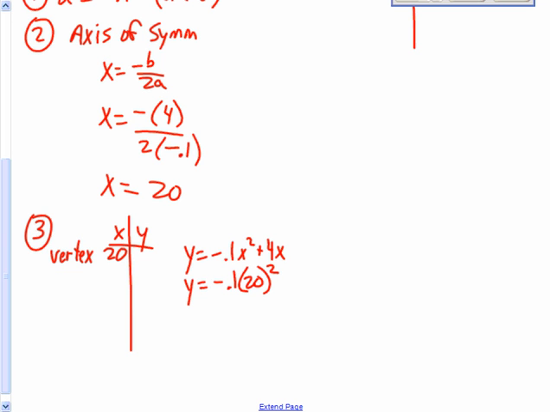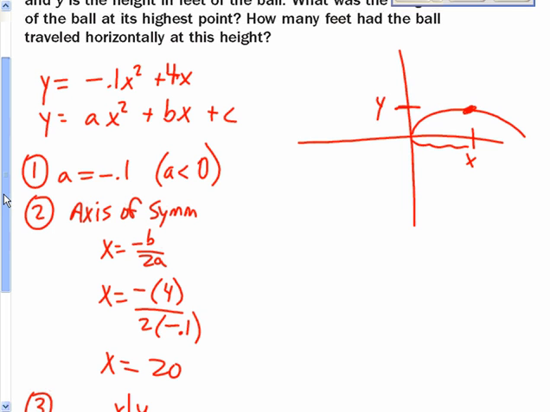Just go ahead and do this on your calculator if you want to. And your y value here ends up being 40. So your vertex is at 20, comma 40 here, if you will.